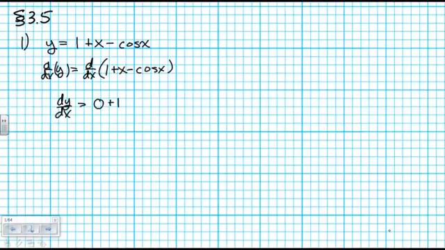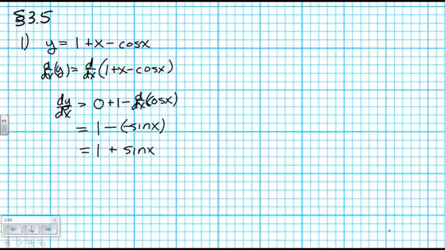And the derivative of, let's look at this as the opposite of the derivative of cosine. So we get 1 minus, and the derivative of cosine is negative sine, thus giving us the answer: dy/dx is equal to 1 plus sine.